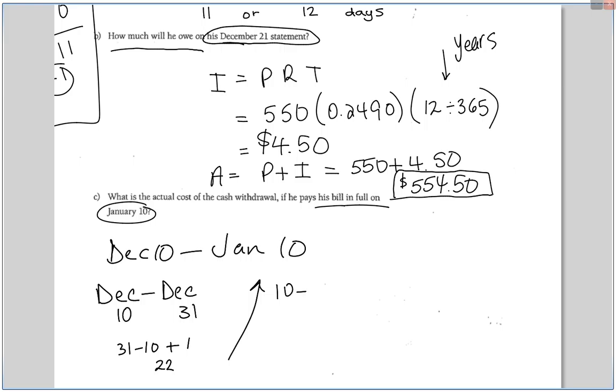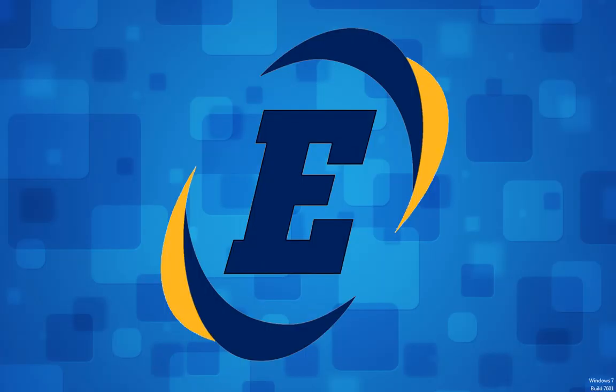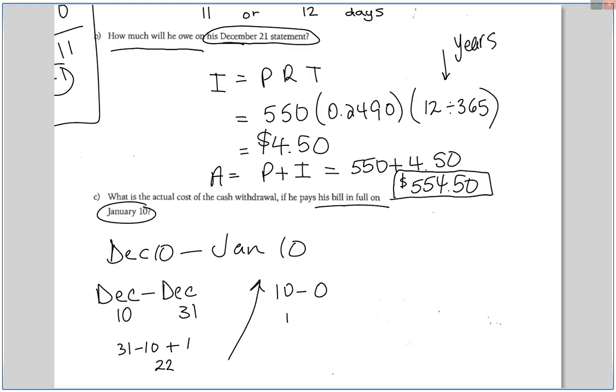Because it would be 10 take away 1, which is 9, plus the day of starting. 32 days. So you go I equals PRT.